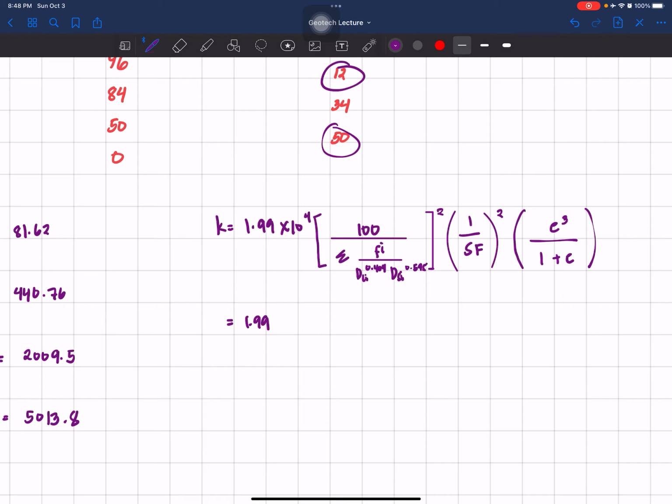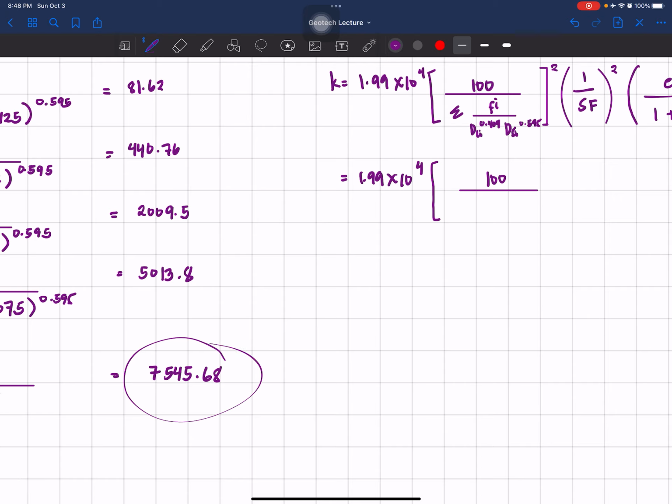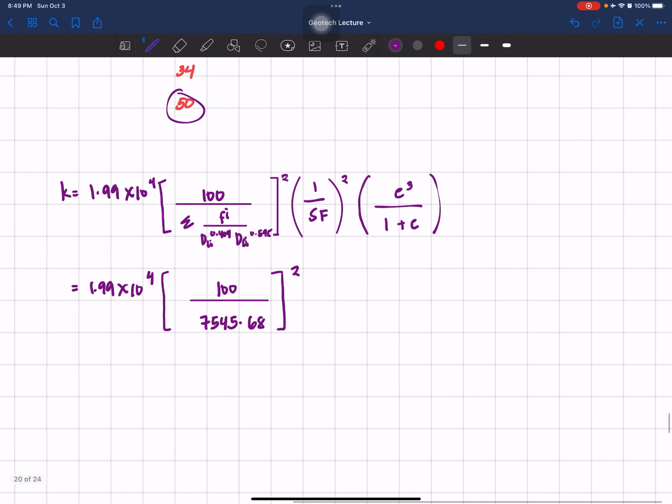Okay, so sulat na natin yung ating substitution. 1.99 times 10 to the 4th multiplied by 100 all over yung ating summation, which is 7545.68 squared times, ano yung SF natin kanina, guys? What was our SF? 1 over, ano yung SF natin? The SF is actually equal to 7.